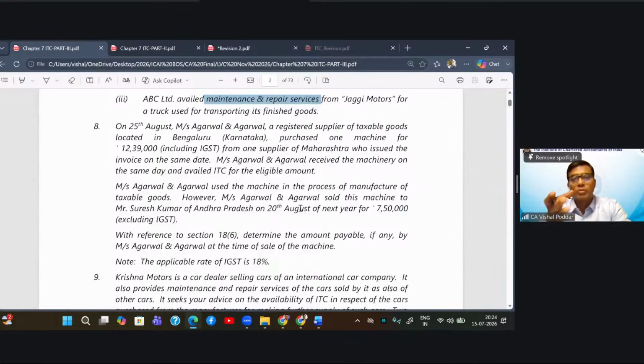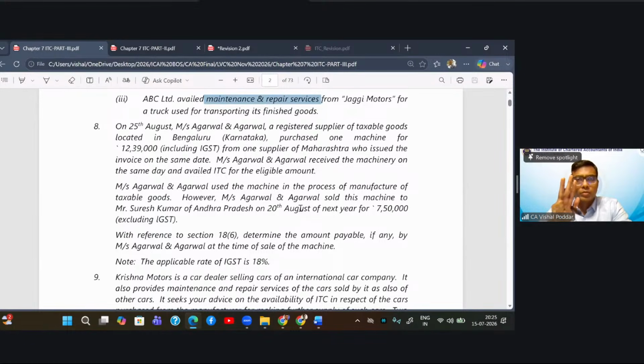If I just see August to August, you'll say, sir, it is a year, so 4 quarters, but that is not the case. What are the quarters? Quarters are April, May, June. I'm talking about the first year of purchase. April, May, June, we did not have the asset. Then comes the second quarter, which is July, August, September. In the second quarter, I have got the asset. So the second quarter is my first quarter, then third quarter, fourth quarter.